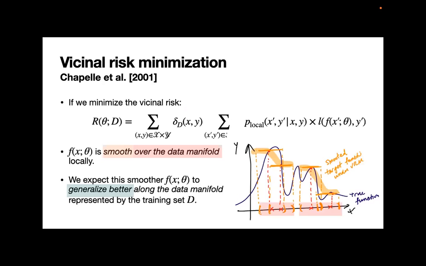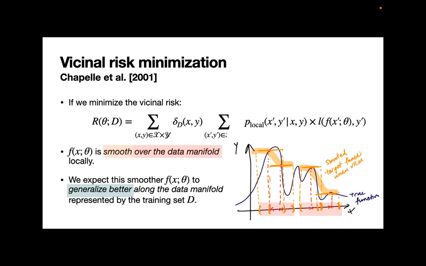Putting all these together, what we end up getting is that if we minimize this vicinal risk with a local distribution that takes into account the domain knowledge about the allowed transformations within the input, and the smoothness imposed on the label space, we can now train a classifier F to be smooth over the data manifold locally.